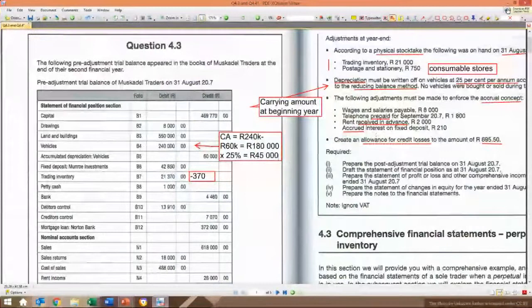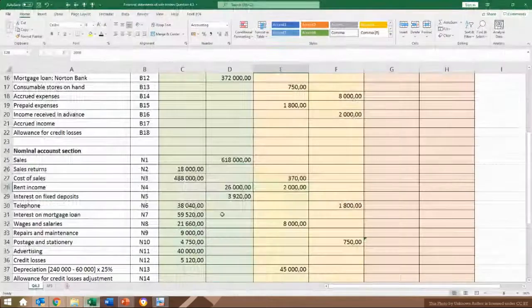And then we've got interest on a fixed deposit that we've earned, but the bank hasn't physically paid it out, so we have to accrue for that income in our financial records for 210 Rand. So we've got accrued income, which is an asset for us, of 210 Rand, and then our interest on fixed deposits, we credit with the 210 Rand.